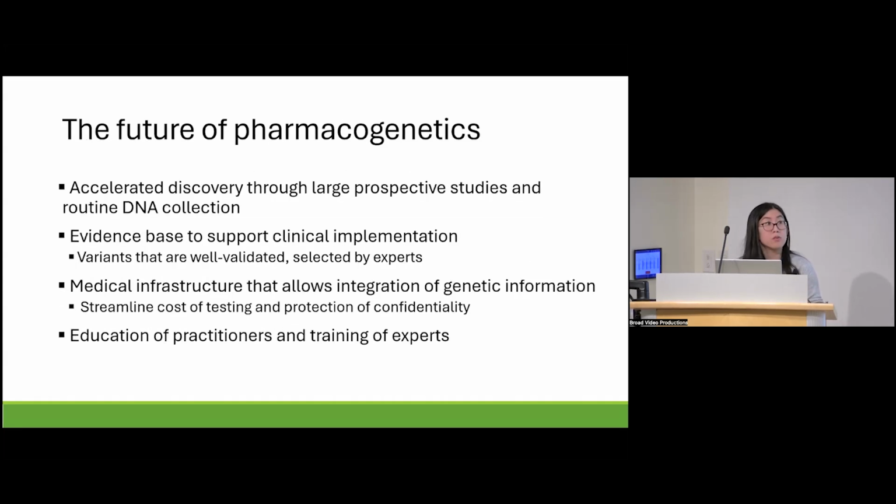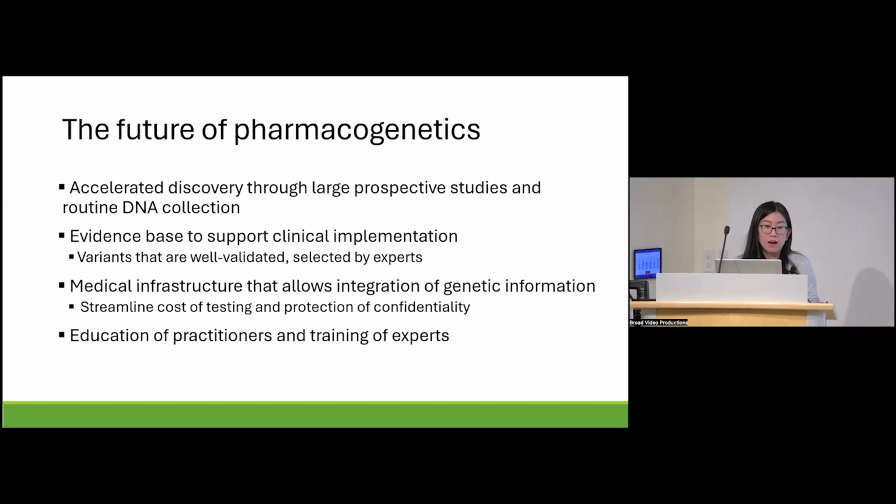In terms of what's coming for the future, I think we still need to do a lot of work with obtaining large prospective studies. There are a lot of clinical trials out there that could be leveraged, but some of them don't collect any DNA at all, and some of them are done by the pharmaceutical industry, so it's hard to have access to that data.